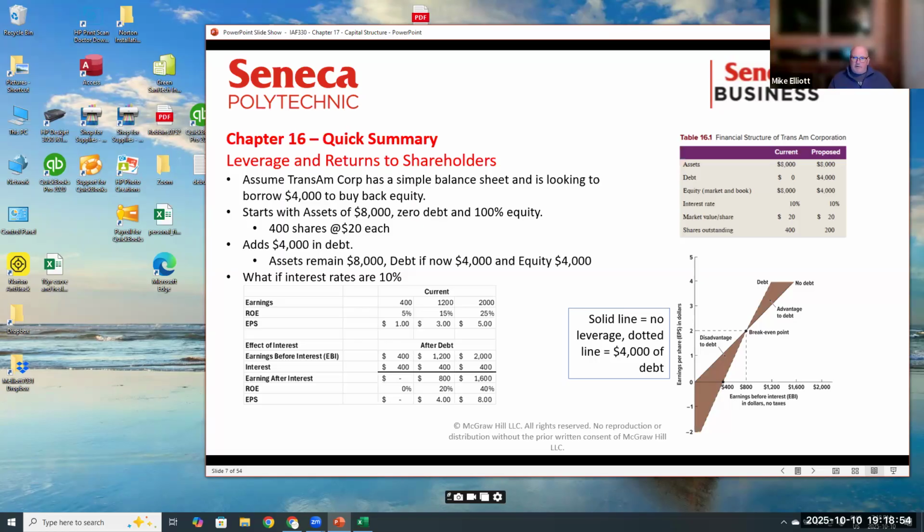Everything to the bottom of it is the disadvantage to using debt. And that's where your returns are lower than if you had pure equity. On the upper half of the line, we have advantages to owning debt. And that's where your earnings are above where they would have been if you're using only equity. And we know this area exists because that's exactly what we just calculated over here.